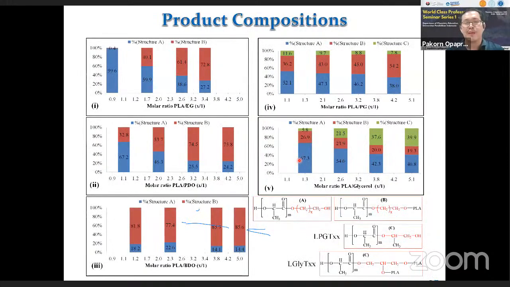Also, we can look into the detail of the chemical structure. By using alcohol to break the chain of PLA, the alcohol will react with or break the chain of PLA at the ester bond, in the reaction that we call trans-esterification. If we have an alcohol that contains more than one OH group, there is a possibility that only one OH group reacts or 2 OH groups react.